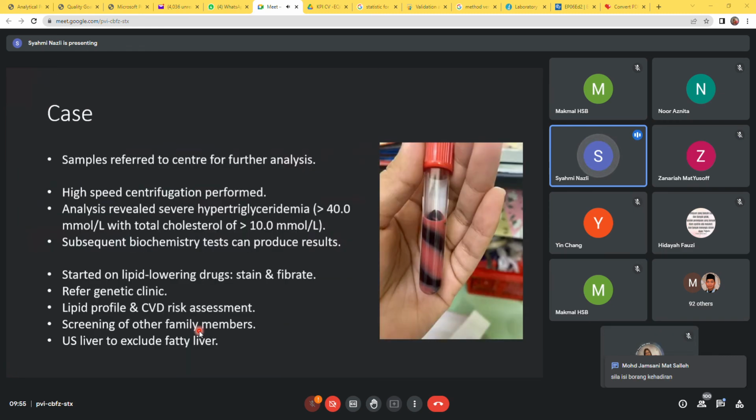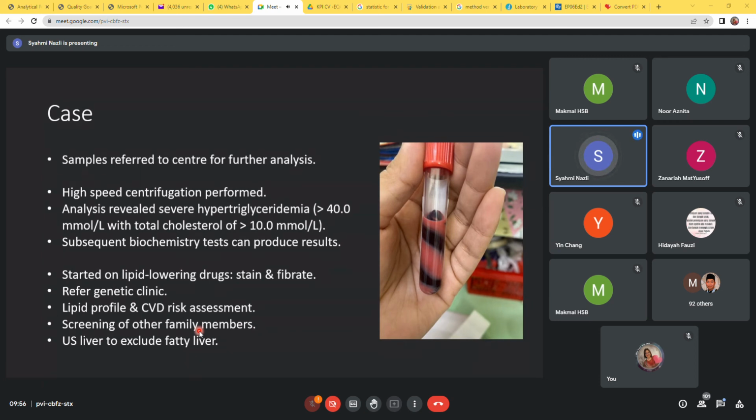So we go back to our case before. The patient samples were referred to the center for further analysis. High-speed centrifugation was performed. Analysis revealed severe hypertriglyceridemia, which is more than 40 millimole per liter, with total cholesterol of more than 10 millimole per liter. Subsequent biochemistry tests could produce actual results.